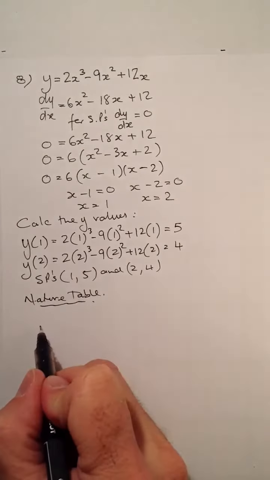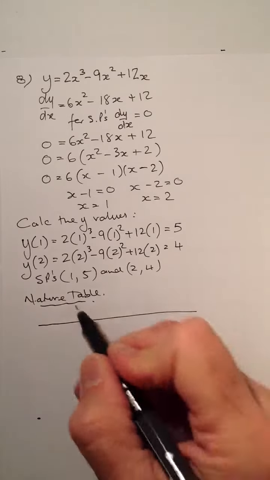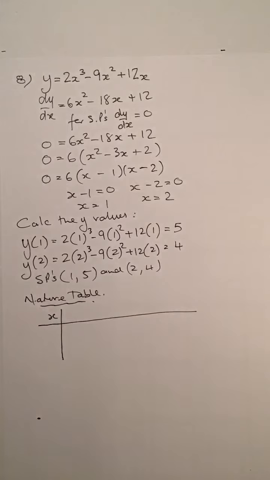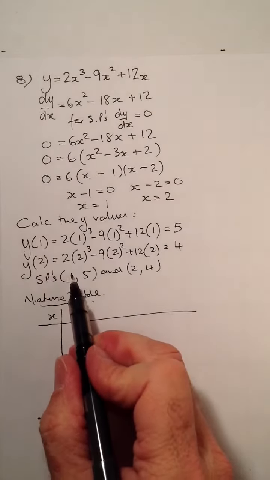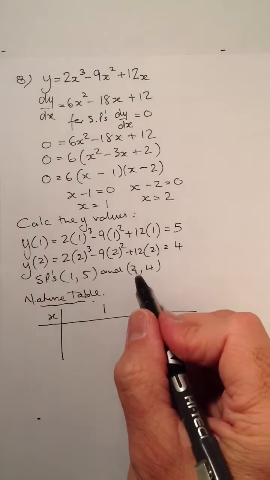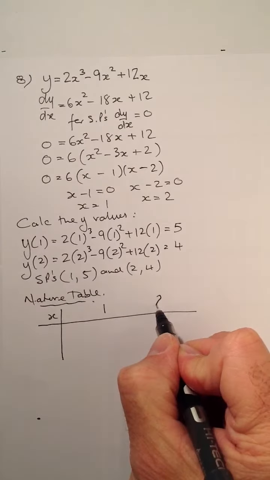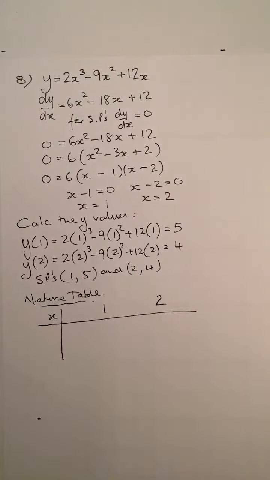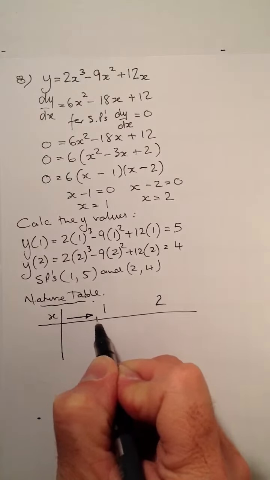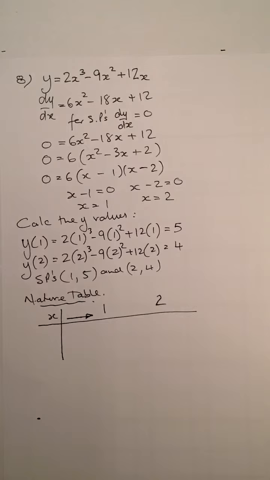Okay, so the nature table, I'll start off going along and down. I'll use my x values along the top. Now I already used 1, so I've got 1 here, and I've got 2, the other stationary point, so 2 for x. So they're my x values. Making up the table, I want to know what the gradient's like when it's approaching 1.